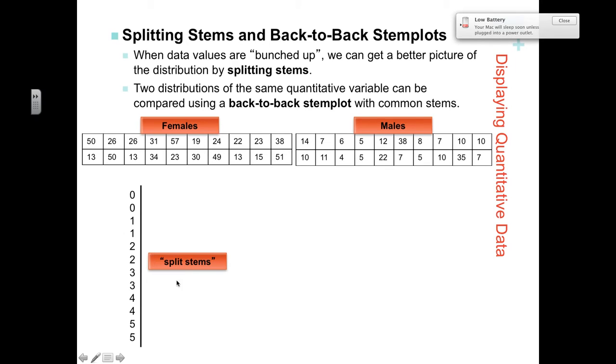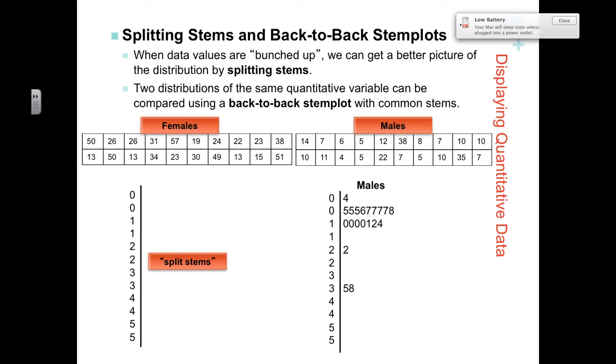It will give you a better display of the numbers if you split the stems. For the men, you could see they were so close together that you'd almost have to split them. Otherwise, you would have like 2 rows. It wouldn't be much of a data display.